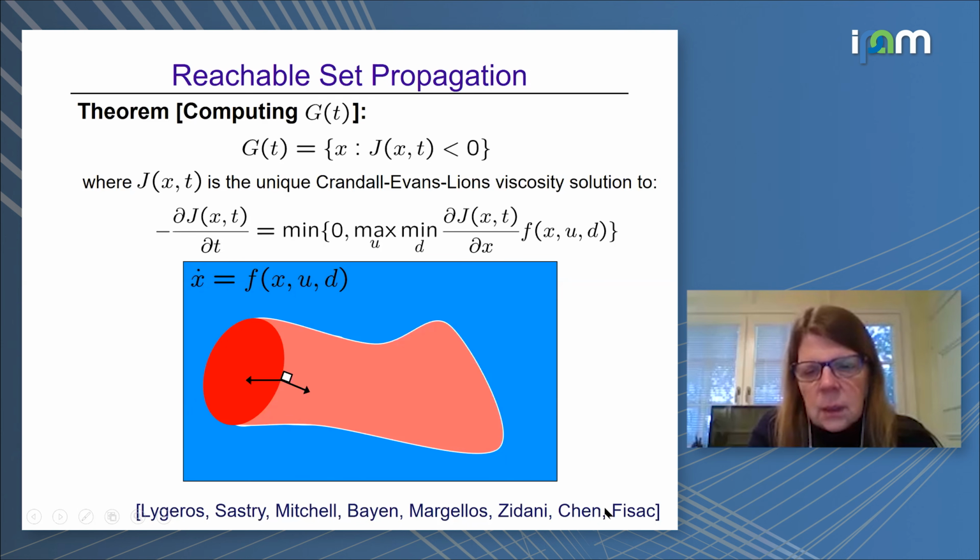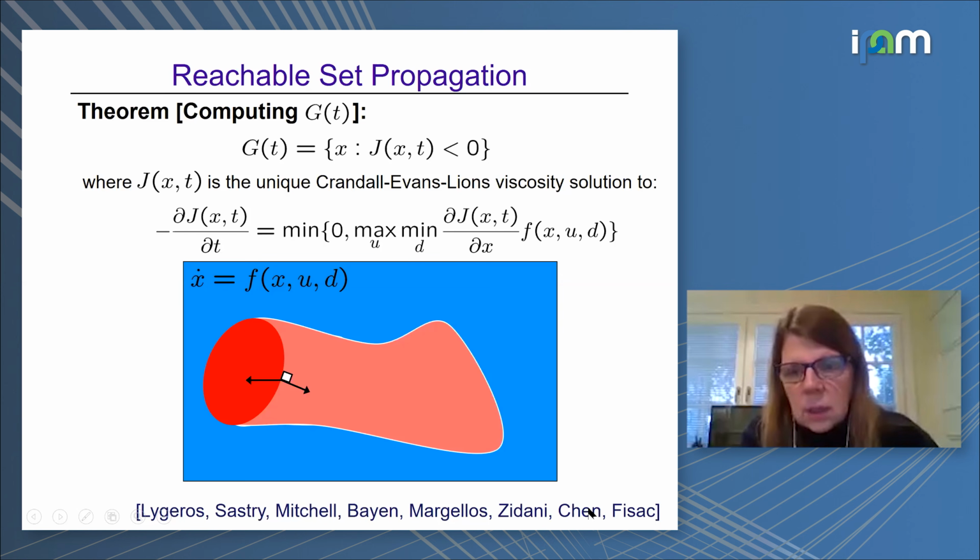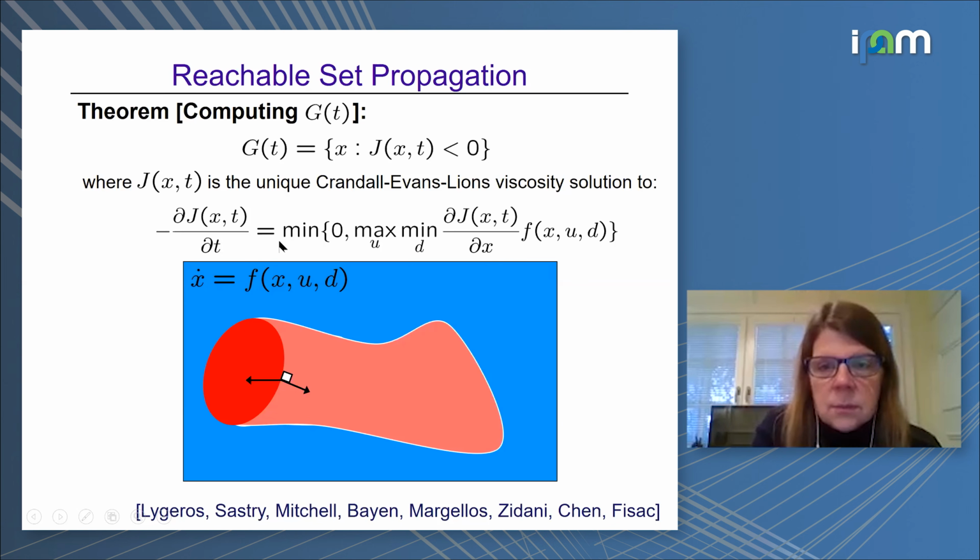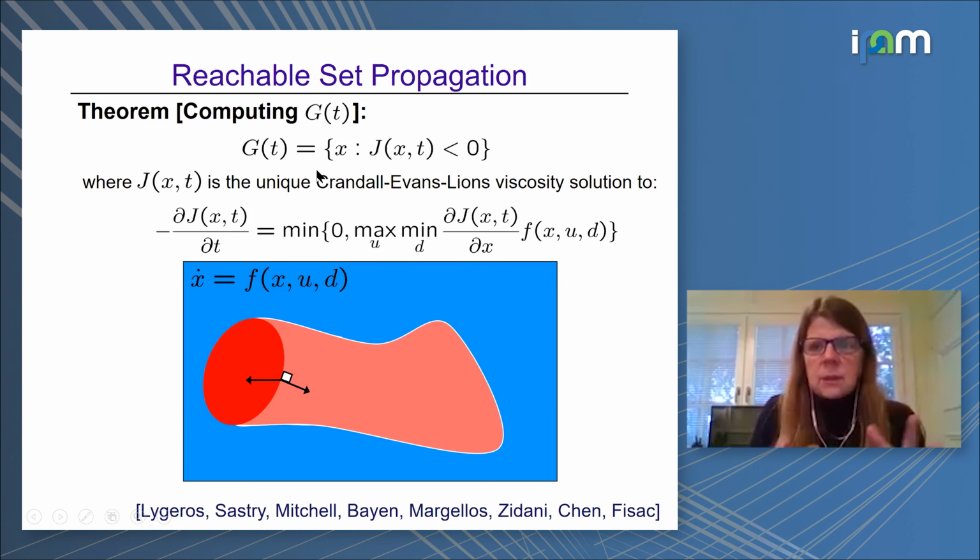In particular, more recent formulations with Margellos, Zidani, Mo Chen, who's going to present a talk later in the week, and Jaime Fisac, who've looked at more efficient formulations of this for time-varying systems. Okay, so that's a little bit of a summary for those of you at the tutorial, where we spent a little bit more time on this.